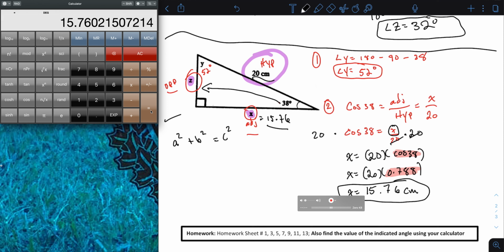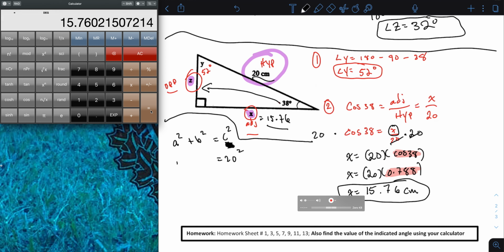But here's the catch this time: c squared always has to be the hypotenuse, always. So it's going to equal 20 squared, and these two here don't matter.